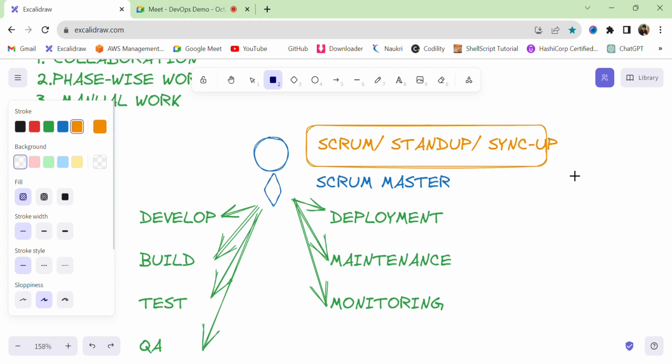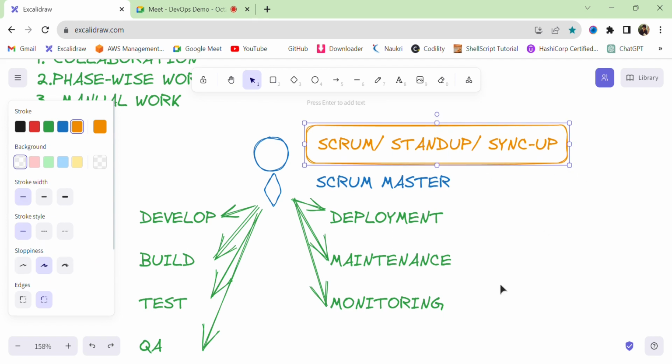So the first limitation of waterfall methodology was the lack of collaboration between the different departments. So what they did is they introduced a concept called a daily meeting, which they named a scrum, or they also call it a stand-up, or a sync-up meeting, which was conducted every day. And they assigned a scrum master.